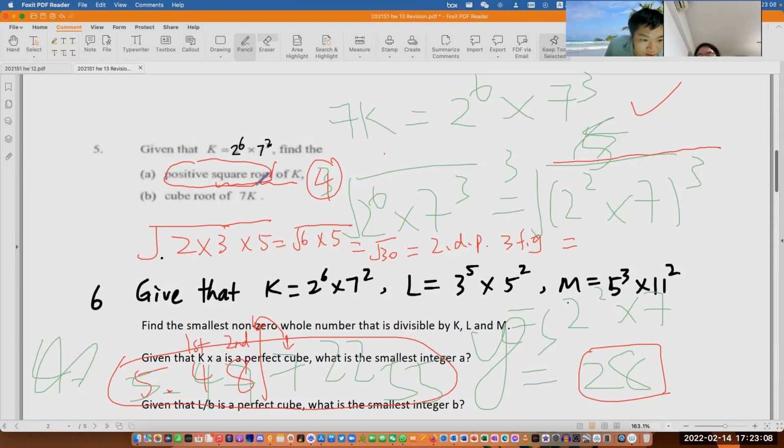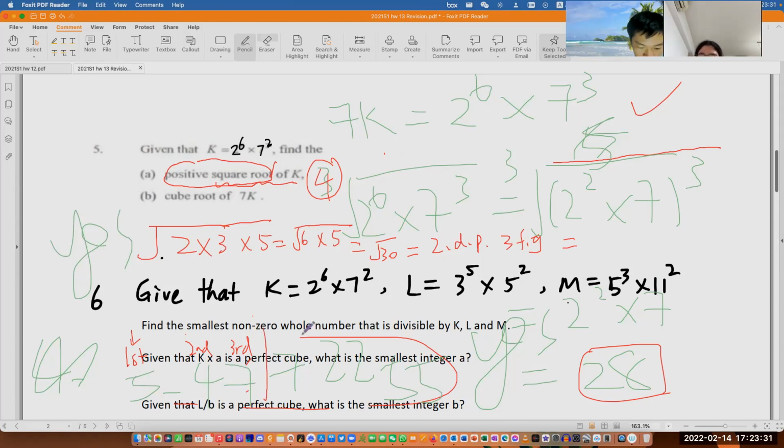For 3 significant figures, do you still remember how to do it? Okay, good. For 3 significant figures, this is your first, this is your second, this is your third. Why is this your first? Because it is non-zero, so it's my first.